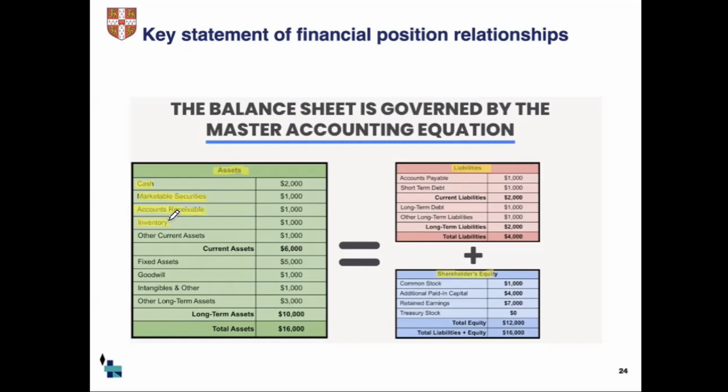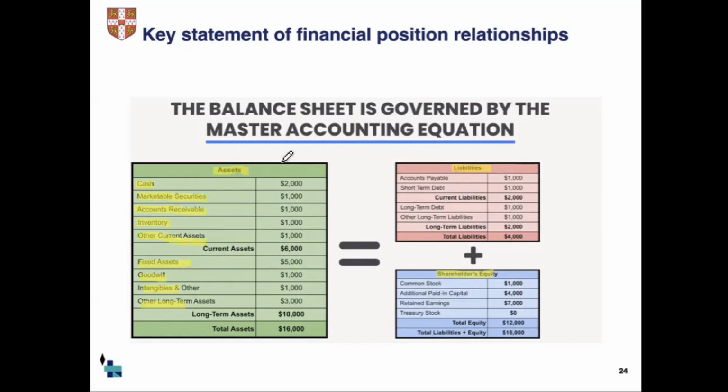If there's bottles of water, the value of the bottles of water, all the other current assets, all the fixed assets, the goodwill the business has, all intangible assets, all other assets, the value of all these assets is equal to the value of its liabilities and the value of what the owners have contributed to the business.